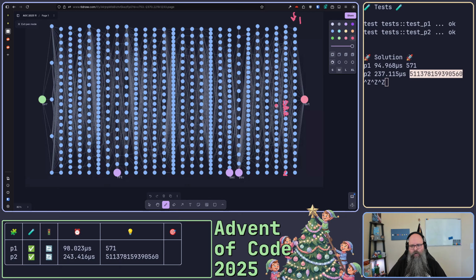Who are my neighbors? And then here's the dynamic programming part. But assuming we've solved the dynamic programming part, we really just call the dynamic programming from U to out, saying, hey, get me the number of paths I can take from U to out.